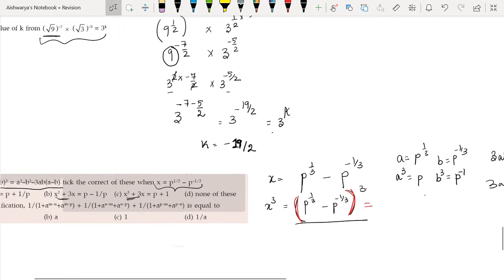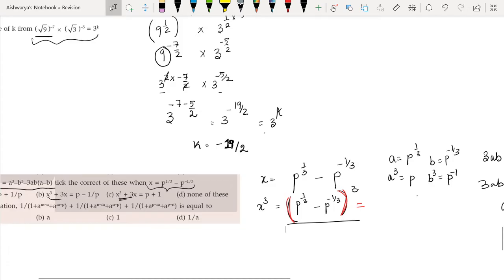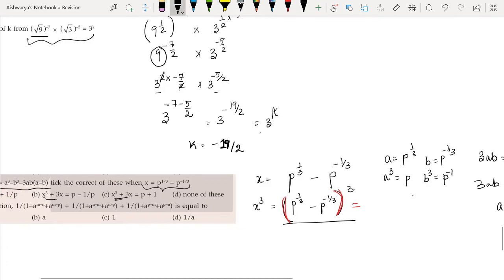Okay. So now we have got the expansion of this. Let us use this formula and expand it. Look at each and every term. What is a cube?